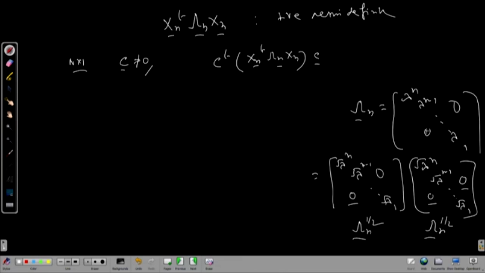So here C transpose, X n transpose, this square root, and there again, diagonal means they are Hermitian, symmetric.